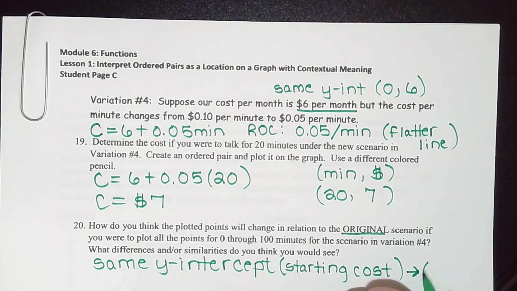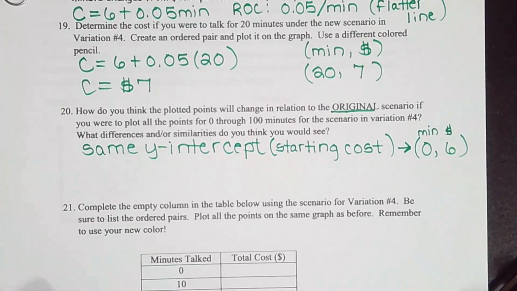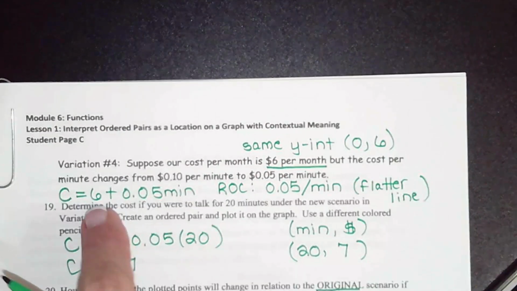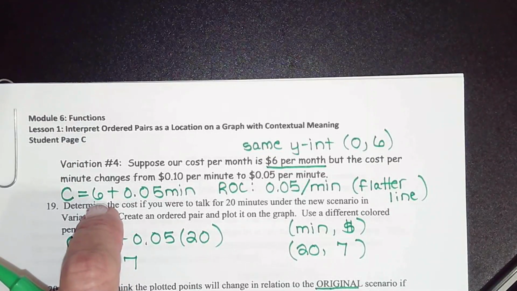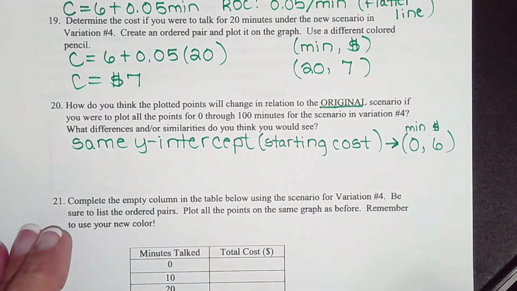So 0 minutes, $6. So that part stays the same. Same y-intercept, starting cost, because it's the monthly fee. So that's the part that's going to be the same.